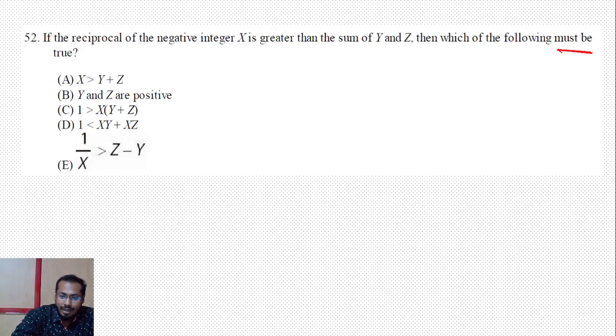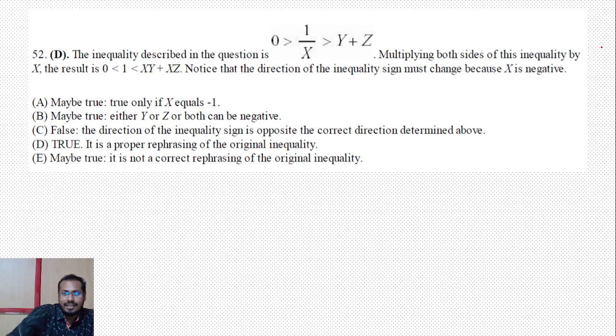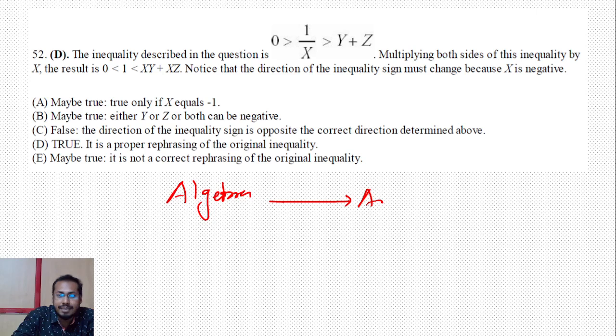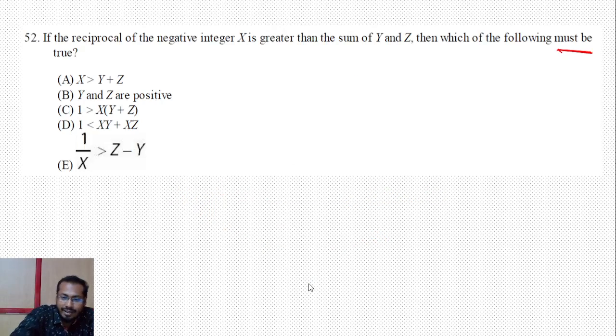Now look at this: everything here is given in an algebraic model. I'm going to explain this question in arithmetic. How to convert this algebra into arithmetic, that's what I'm going to explain today. Listen to this. Here we have three variables: x, y and z, and the options are based only on these three variables.